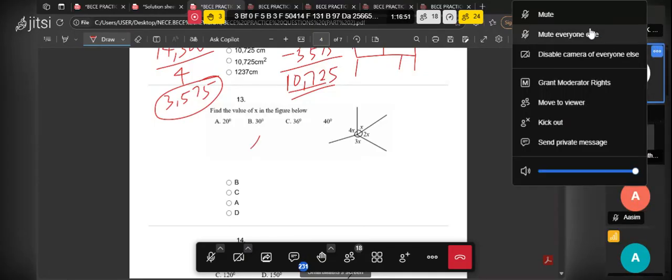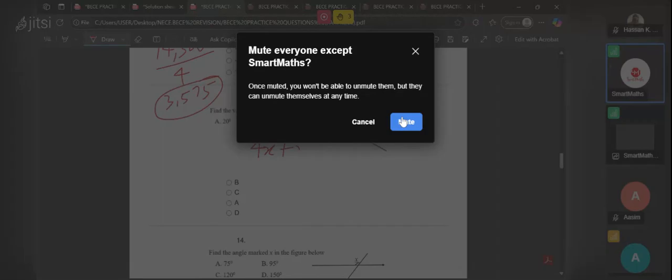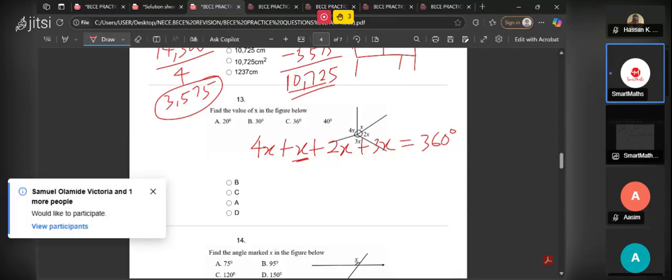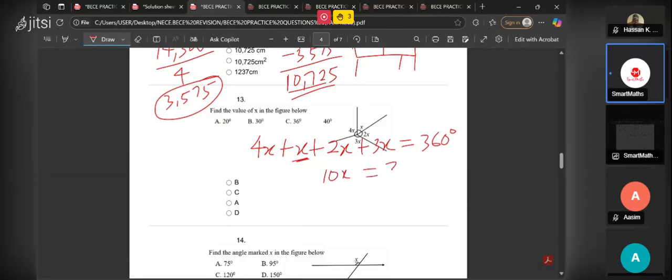That means 4x plus x plus 2x plus 3x equals 360 degrees. So 4x plus x, that's 5x. You see this x standing here, it is 1x. So 4x plus 1x is 5x. 5x plus 2x is 7x. 7x plus 3x is 10x, which equals 360 degrees.